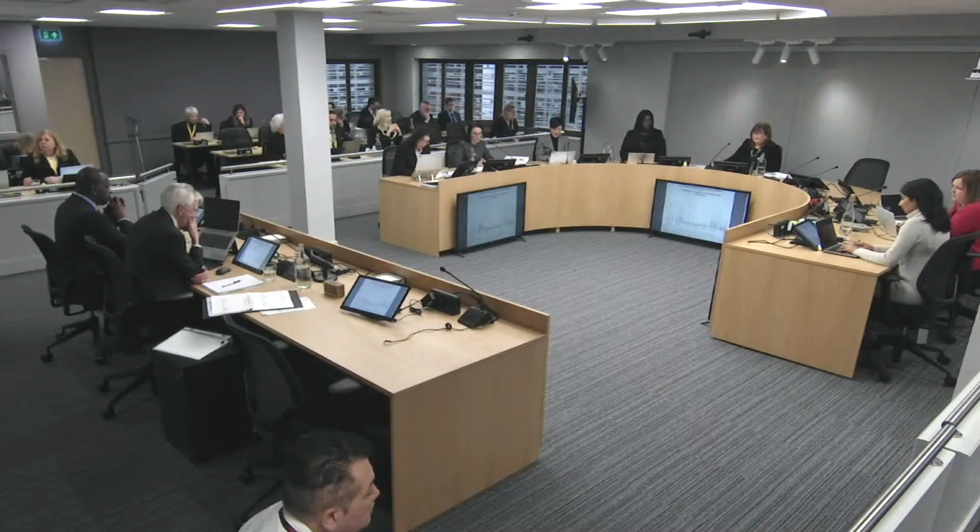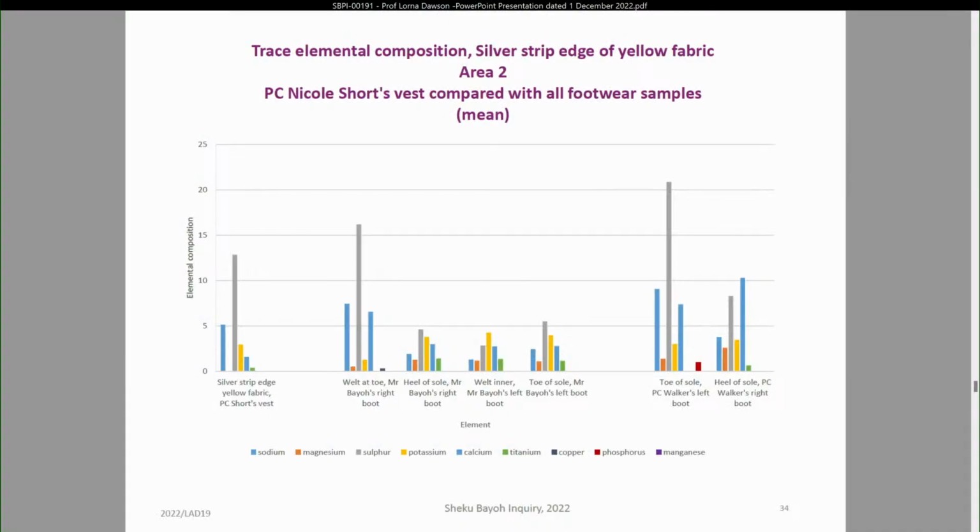Can we move on to slide 34, please? So we see here trace elemental composition, the silver strip, edge of yellow fabric, that's Area 2. And again, this is a comparison of Constable Short's vest, Area 2, with all of the footwear samples, but using mean values. That's mean as in average. That is correct. Can I begin by asking why you didn't prepare a graph like this in relation to Area 1?